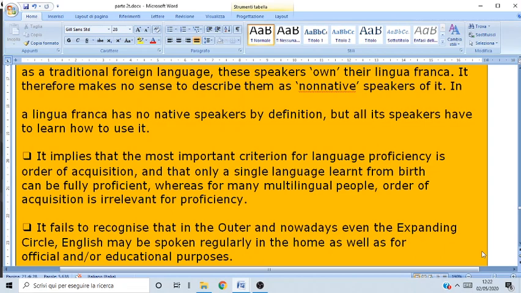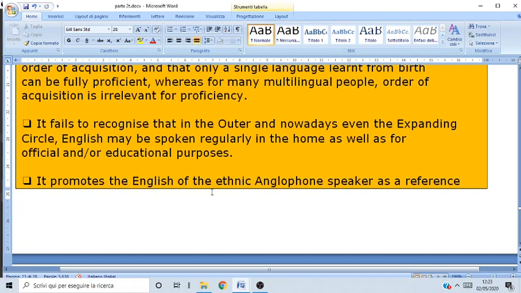But more important than that, I would focus on this other point over here. This idea, native, non-native speakers, and that one can be 100% proficient only in their mother tongue, does not recognize that the whole outer circle, and someday in some cases also the expanding circle, use English at home or in official institutional situations.